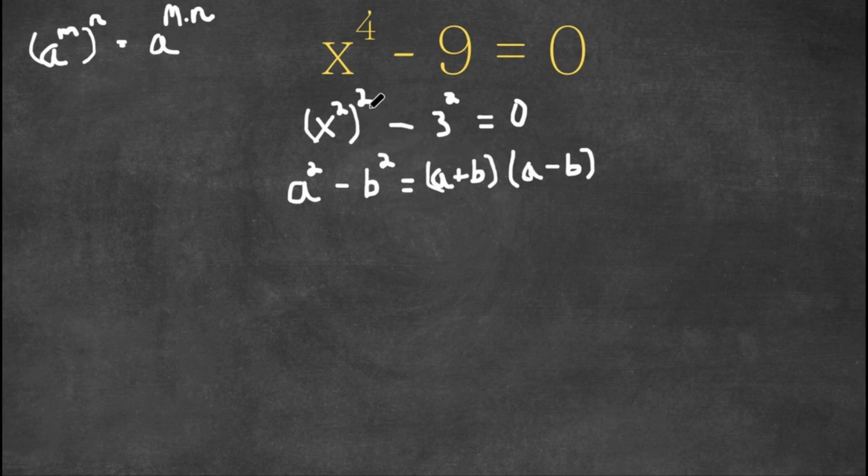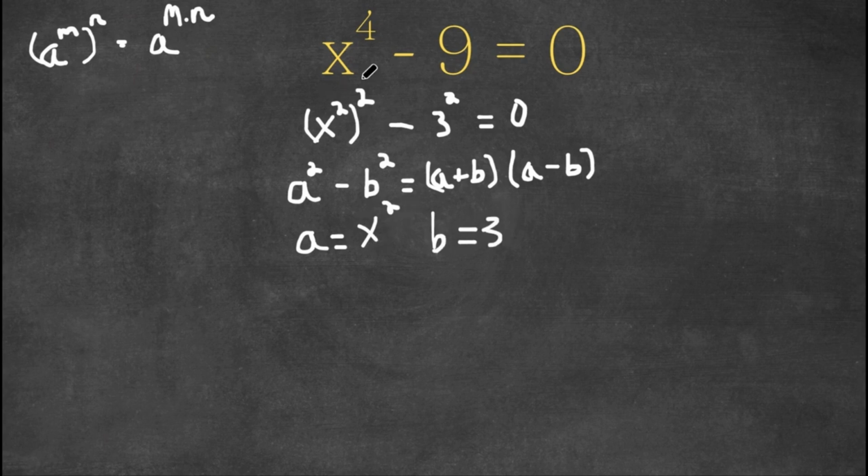So as you can see right here, what I've done is I've changed this equation to match up with a squared minus b squared. In this case, a is equal to x squared, and b is equal to 3.